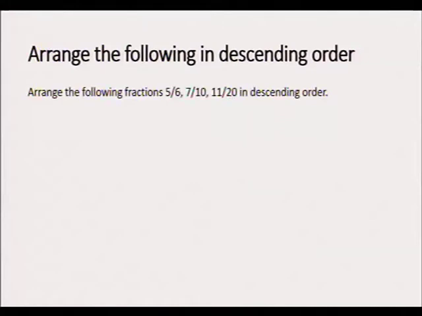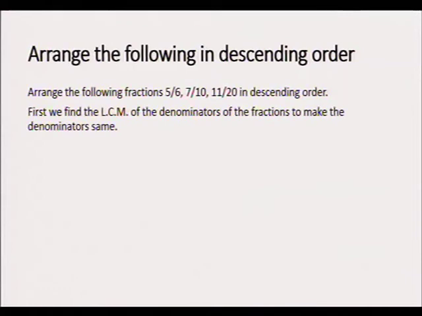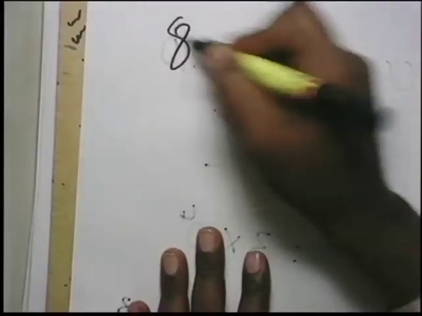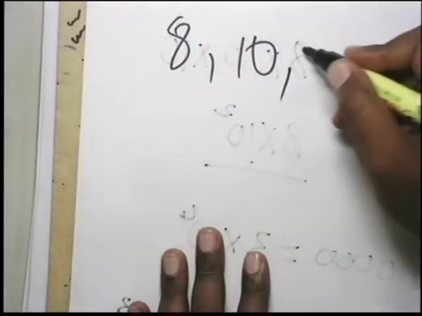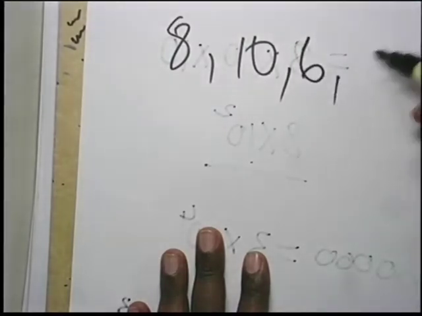Now, let's look at arranging the following in descending order. Sometimes it can be descending or ascending order. It doesn't matter which one, but you need to know both of them. Now, in this case, you have been given fractions, and fractions are not easy to arrange. For example, if they have given you numbers, numbers are very easy to arrange. Say, for example, I give you 8, 11, 6, and 4.